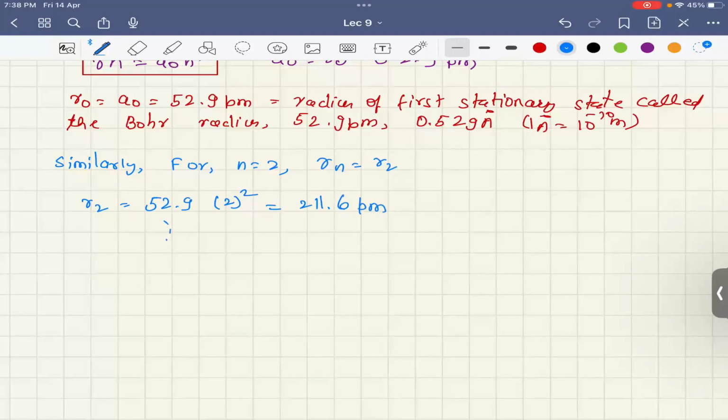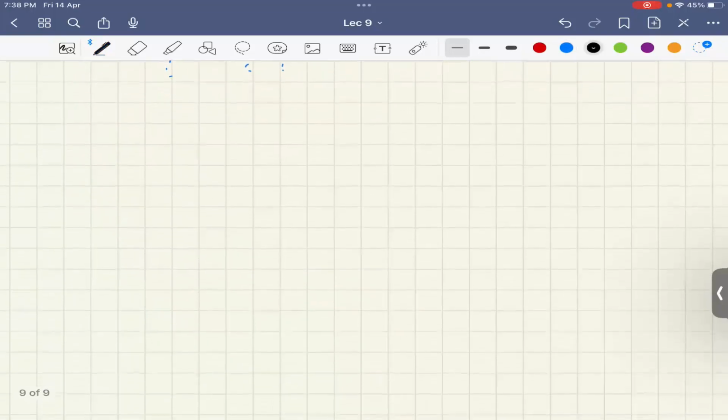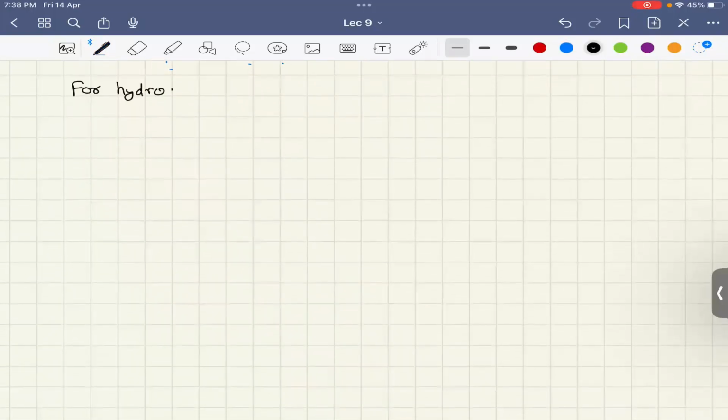So on and so forth. For hydrogen like atoms, for hydrogen like ions, the expression comes out to be a0 n square by Z, right? Instead of Z square, it comes out to be Z.